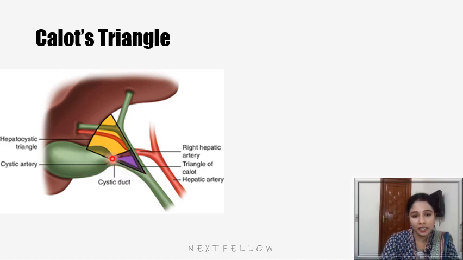This whole thing is considered Calot's triangle now, but previously this purple one alone was considered the original Calot's triangle, where the cystic artery is the superior border. So instead of the inferior surface of the liver, the cystic artery forms the superior border. So this is the original Calot's triangle.